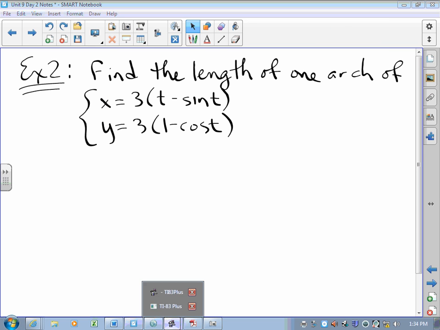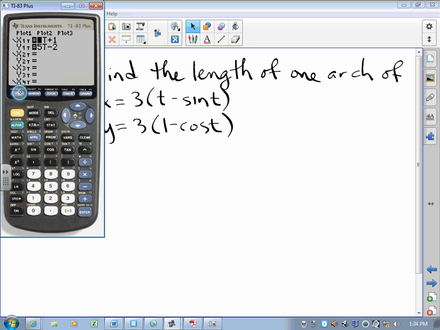By the way, they call this thing a cycloid. I'll try really quick to show you why. 3 minus 3 cosine t is probably the easiest way to do that. We're going to go from 0 to 2 pi, because that's probably one cycle.